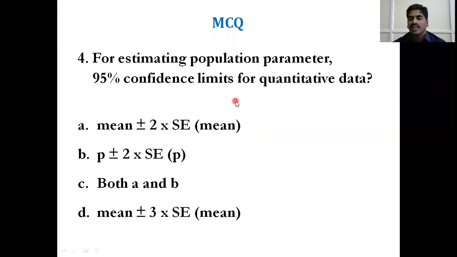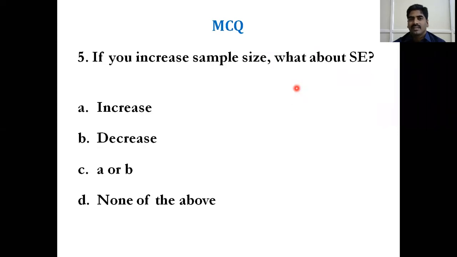What is the formula of 95% confidence limits for quantitative data? Next, if you increase the sample size, what happens to the standard error? A hint: you can observe the formula of standard error, then you will get the answer.